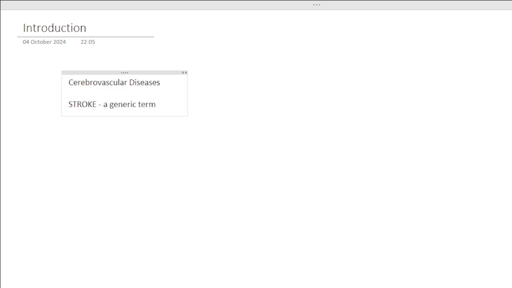It lacks pathological meaning, so we are not going to use this name a lot. In general terms we will say stroke, but it doesn't have any pathological meaning. So as long as we are studying this chapter, we'll be talking about cerebrovascular diseases, this is the word we are going to discuss a lot. Yes, good question you asked.